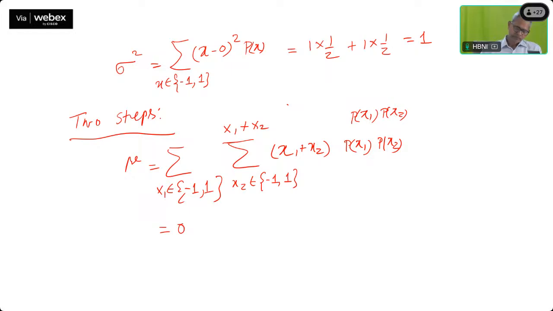Calculate it yourself and you will see this is 0. So even after 2 steps, the mean value is 0. I hope you will go and calculate this.